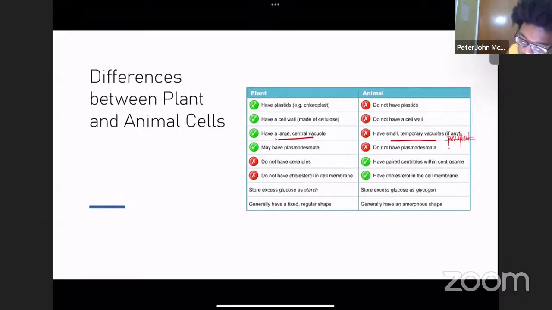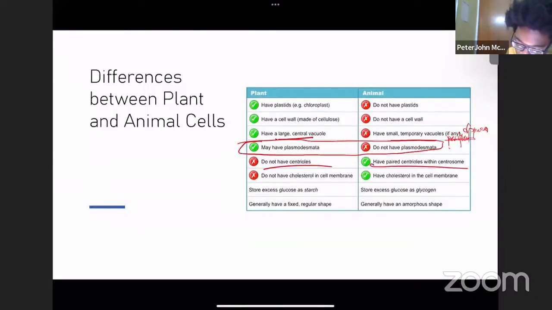Well, they're not really peripheral, but they're kind of dispersed. Let's put that: small temporary vacuoles, if any. Forget about this. You can just swap these things.